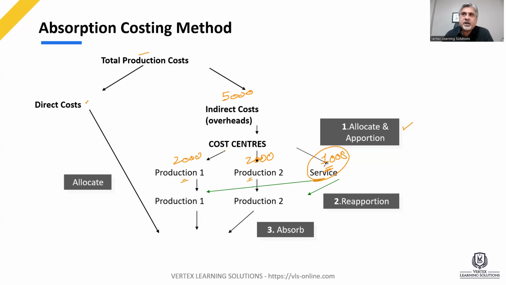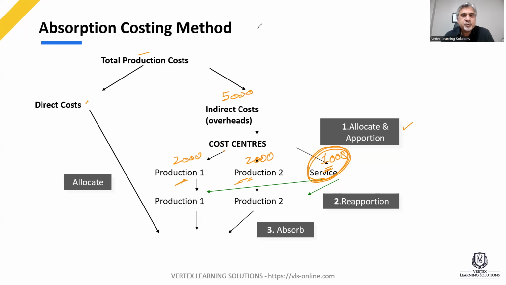Let's call it a canteen, where people come and eat food. If there is no work, let's suppose the factory is closed and there are no production workers, nobody is going to eat food in the canteen. The canteen only works to provide service to the people working in the production departments. So it means that the service department itself is not needed. It is actually working to support production one and production two.